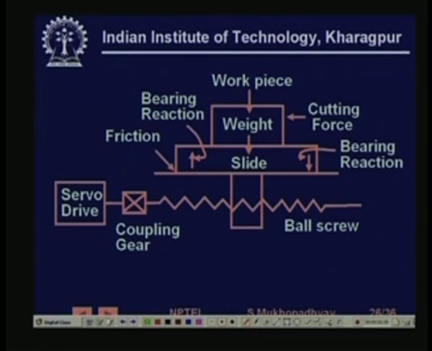So you have weight on the slide and you have various friction forces, number 1. Number 2, you have cutting force. So all these forces are going to be reflected as load torque on the screw through this mechanism. So these are the spurious load torques. Because of the weight, you have friction, you have bearing reaction, and this is the main force, which is the cutting force.